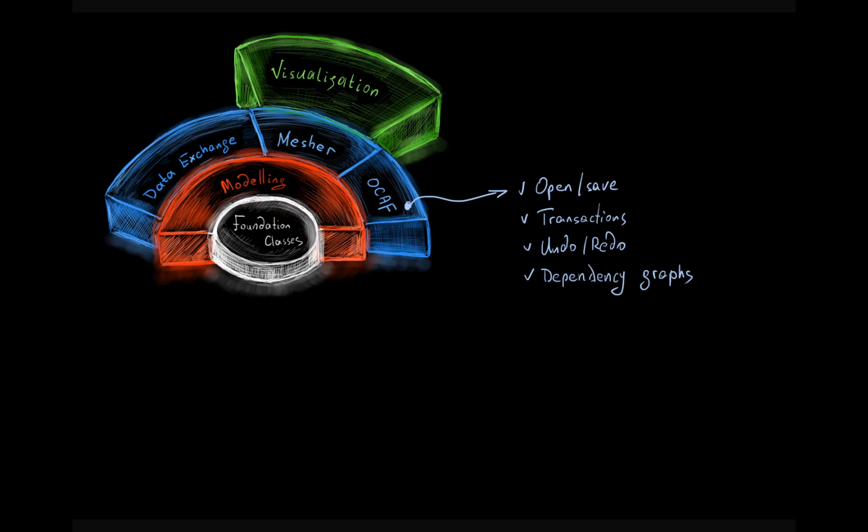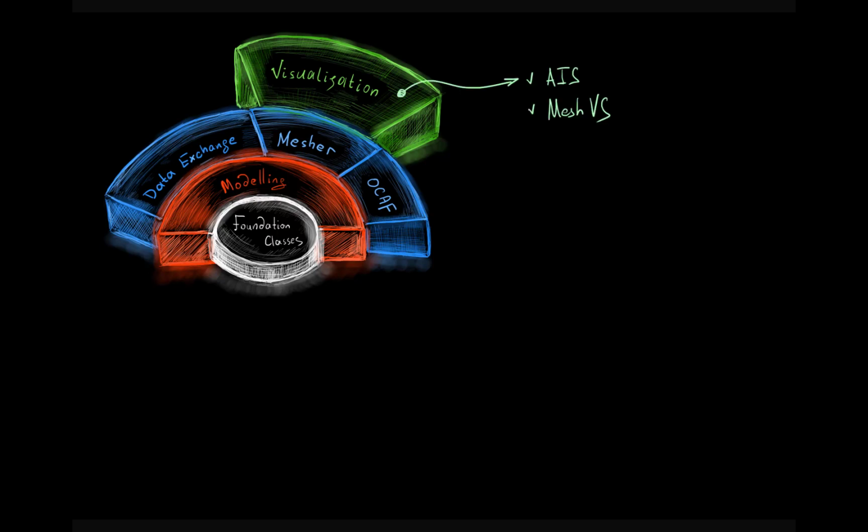OCAF serves as a sort of in-memory NoSQL database engine actually. And also it comes with undo-redo functionality, you have a stack of deltas, and you do not have to implement this undo-redo functionality, which is pretty classical for desktop applications, by yourself. Also, if you are looking for some parametric engine, if you want to build up a dependency graph, you can also consider OCAF for that purpose.